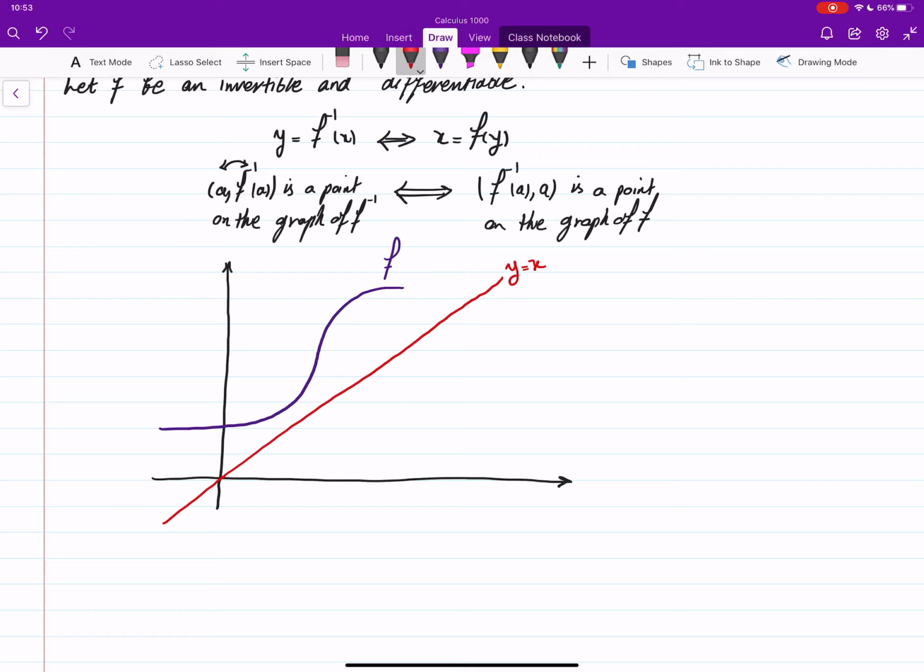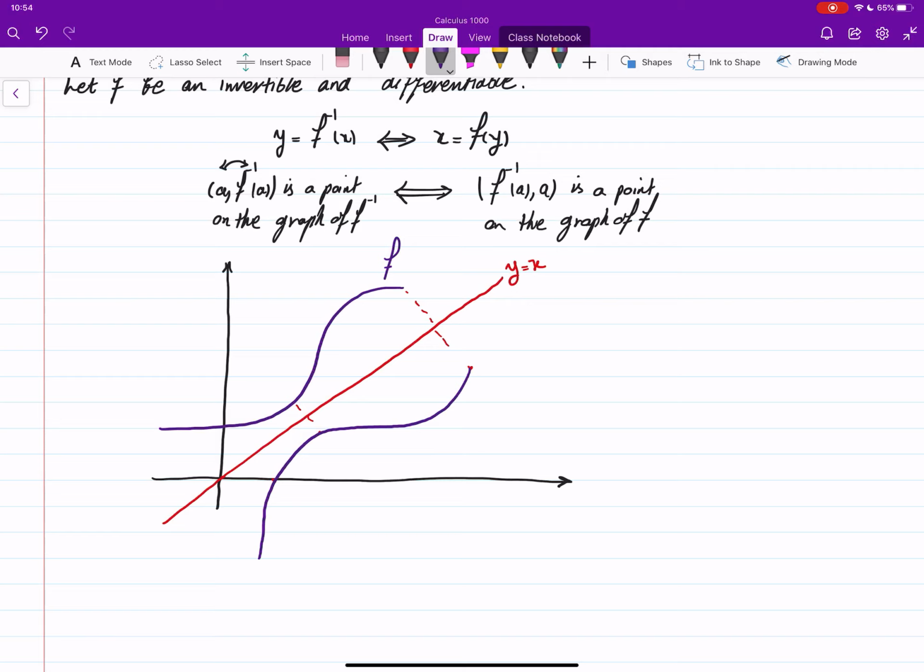So at every point you find the reflection of that point. So it will go there, this will go there, and this will go here almost. So the graph will be something like that.